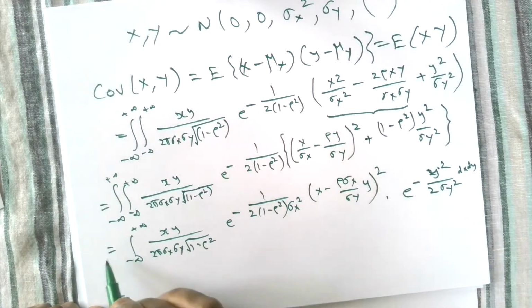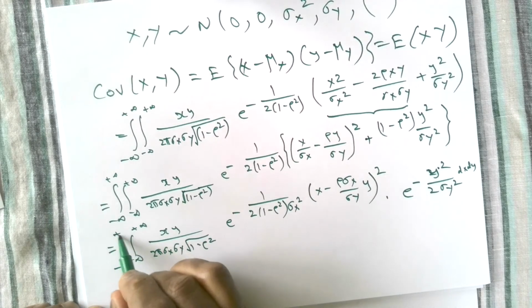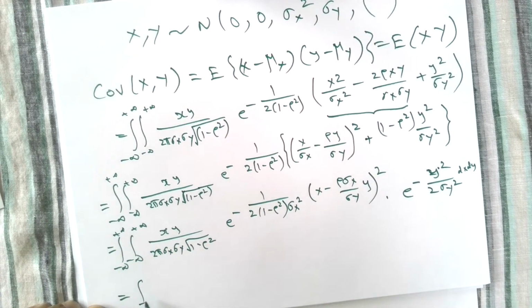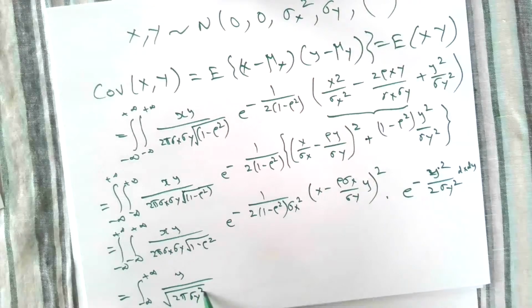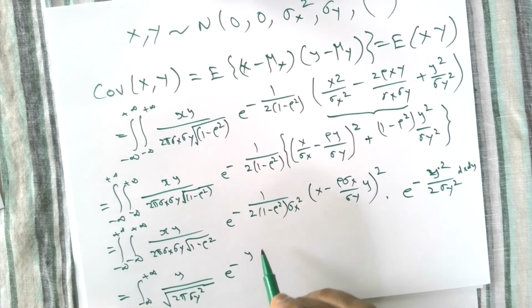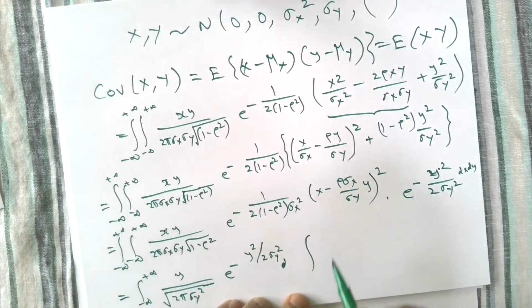So I can split this integral into two integrals now. Notice that the y integral, I'm going to leave it here. So I'm going to split the constants also as sigma y squared, e to the power minus y squared over 2 sigma y squared dy. And where is x here?